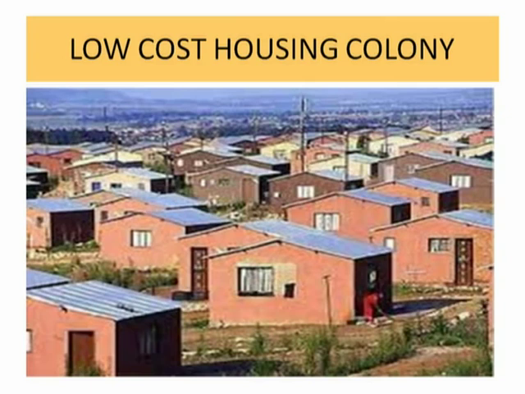This is one picture of a colony where low-cost housing is constructed. So for the common people, with a minimum amount, a basic facility is provided in the form of low-cost housing in this type of colony. Proper water supply and proper sanitation are also required to be provided in this type of low-cost housing colony.